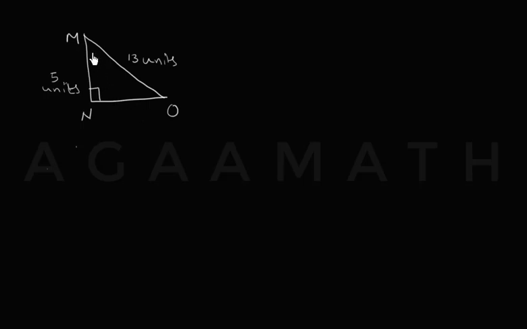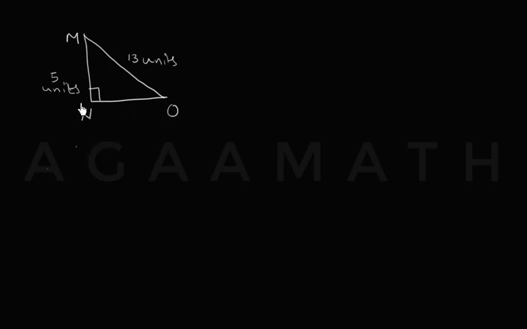Here, in this right angle triangle MNO, the length of MN is 5 units and MO is 13 units. Here you have to find the length of this side NO, how many units it is.